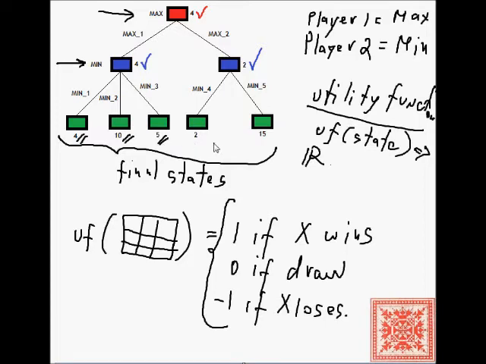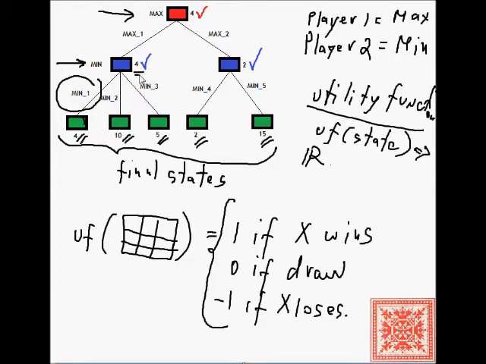For example, if we know that 4, 10, 5, 2, 15 are utilities of the final board states, then since Min chooses from the final states, we're going to select the move Min 1 from the left child of the root of the tree, because that's the minimal utility, and the job of the minimal player is to minimize utilities, that is, to minimize the gain of the player Max.